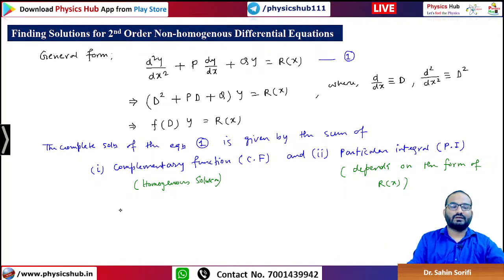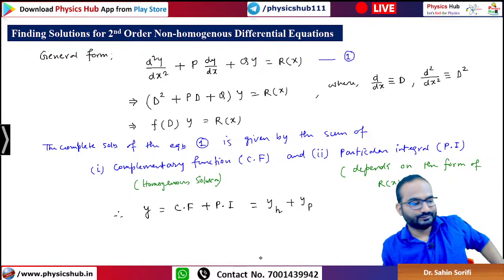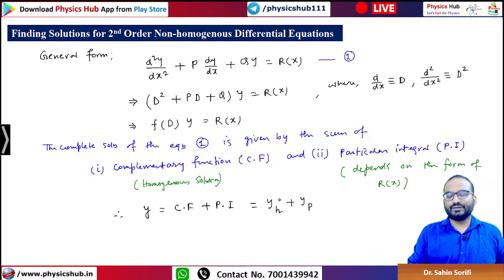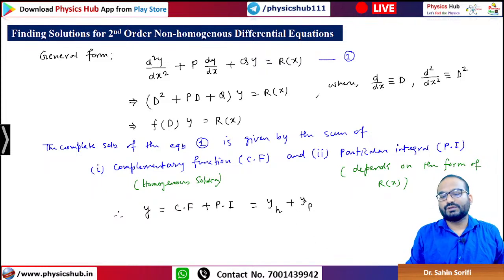Hence we can write the complete solution as y equals the sum of the complementary function plus the particular integral. It is also written in this way: y_h, the homogeneous part, and y_p, the particular integral. Now this homogeneous part we have already learned. Now let's talk about this particular integral.